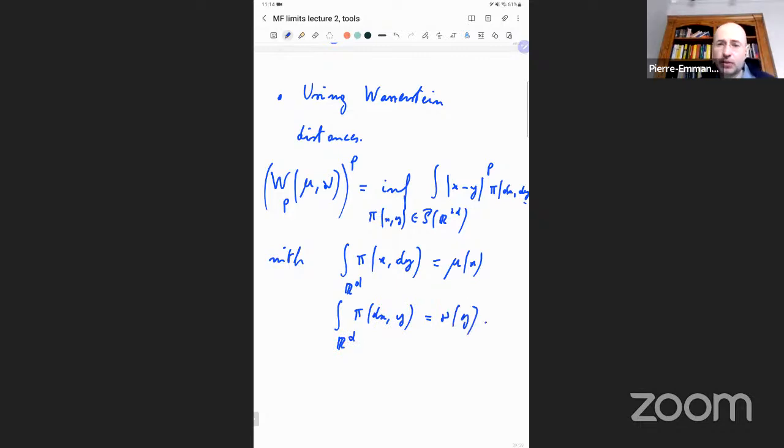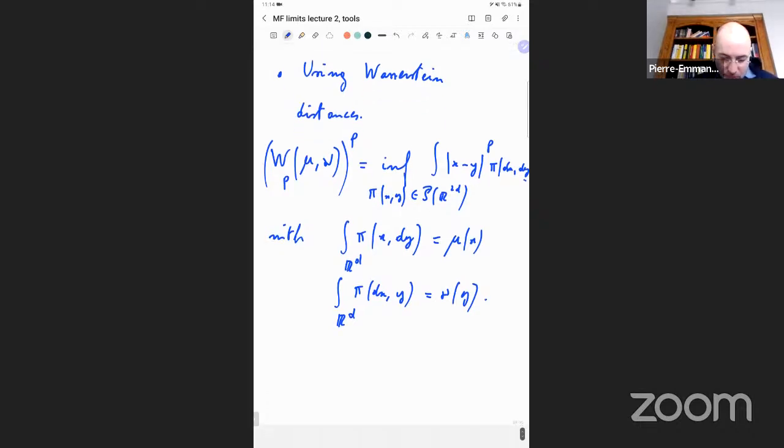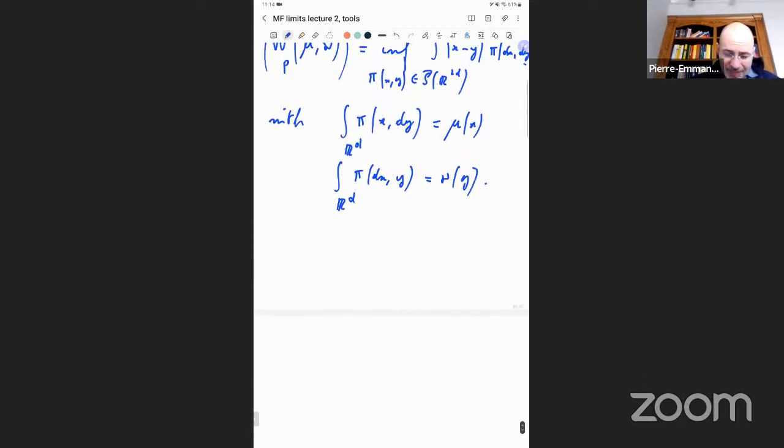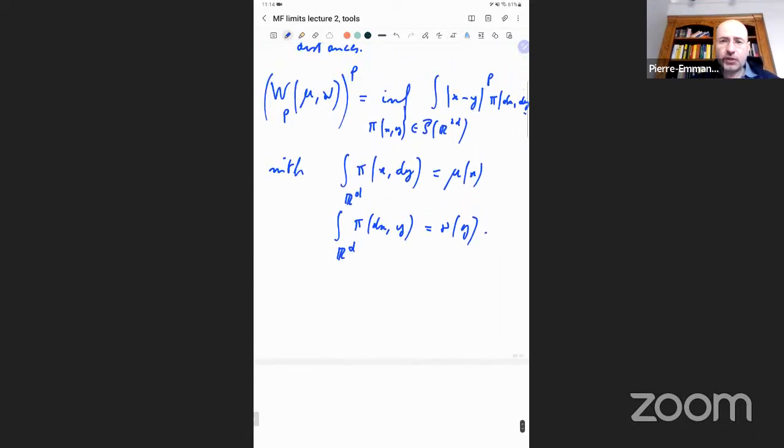Now, this is a bit of an abuse of notation, but I hope it's clear enough what this is. And now, finding an exact expression for a Wasserstein distance is not super easy, except if p equals 1. And if p equals 1, this is sometimes called the Rubinstein distance.